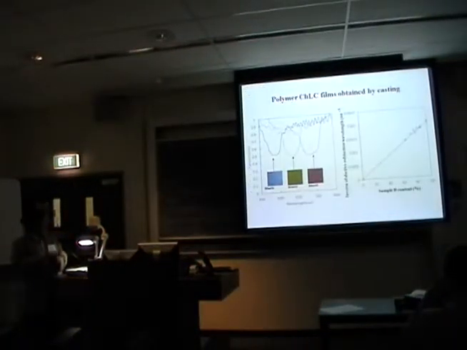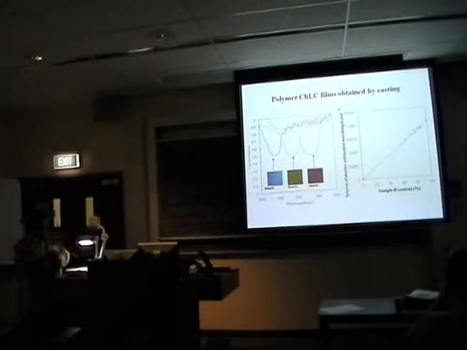And for the pitch, as I said, by changing the ratio of sample A and B, we can tune the helical pitch like this. If we use a higher chiral content, we have a blue reflection band, and we can also have green or red reflections.